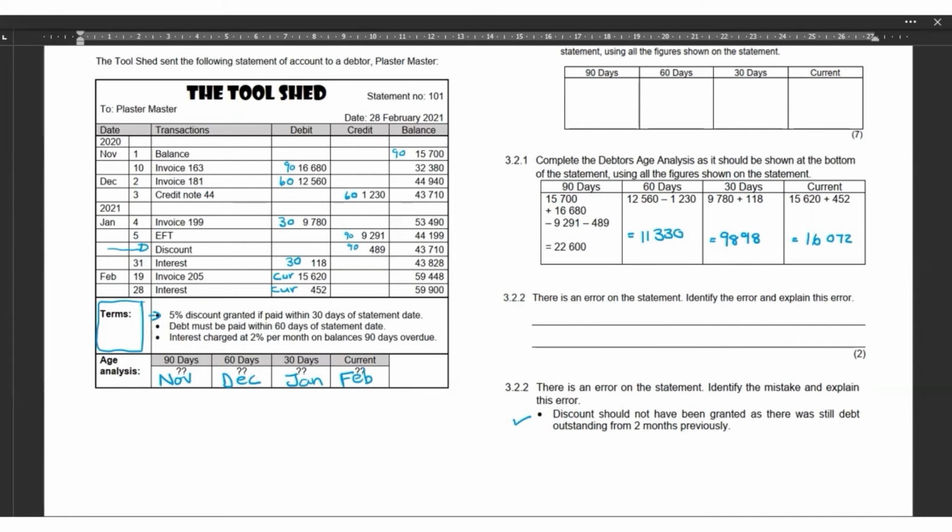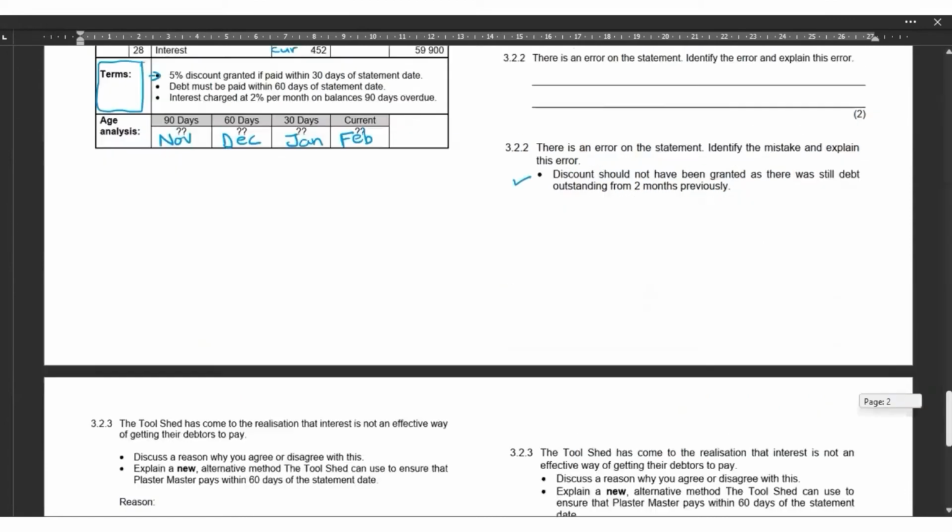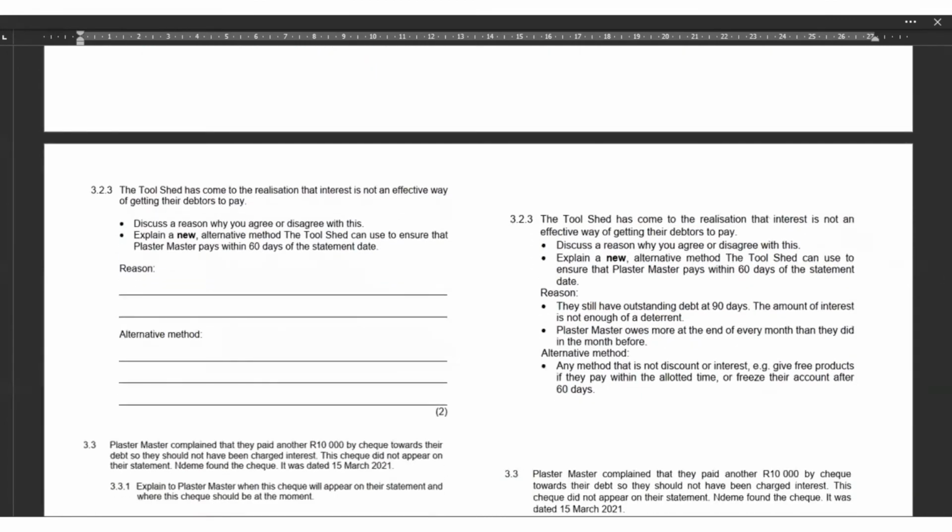It's not effective for them because their debt is not being paid off. In fact, they're just accumulating more debt. Okay, so if we go and look here, we can see that their reasons are they still have outstanding debt at 90 days. The amount of interest is not enough of a deterrent. And the Plaster Master owes more at the end of every month than they did the month before. There's 2 reasons.